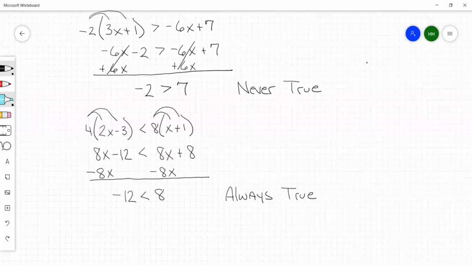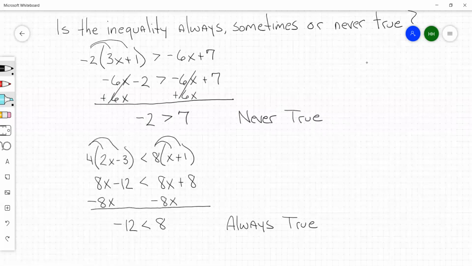In a never case, it doesn't matter what value you put in for x into this inequality, it will never be true. Okay? So if you get to a step in a problem that's untrue, then the inequality is never true. If you get to a stage in the problem like this right here, well, then the inequality is always true.